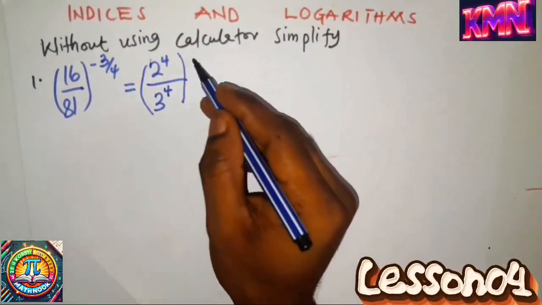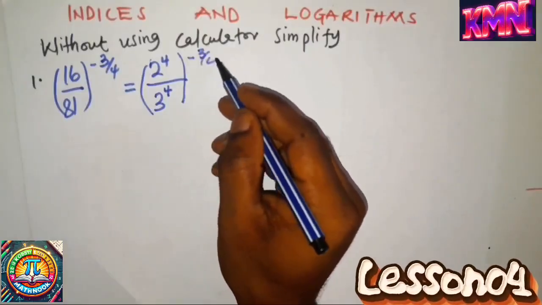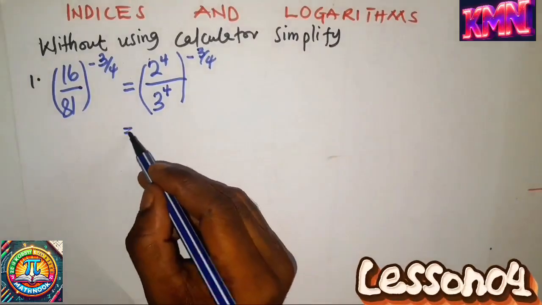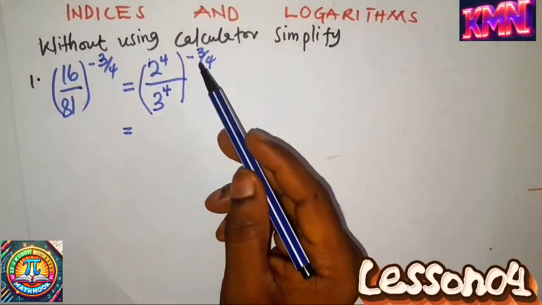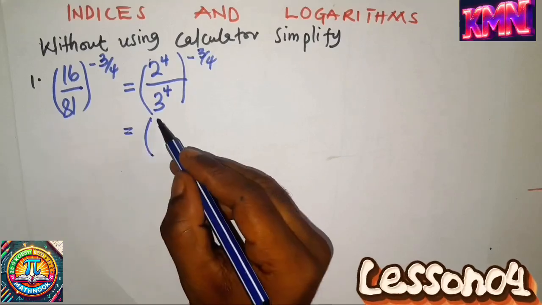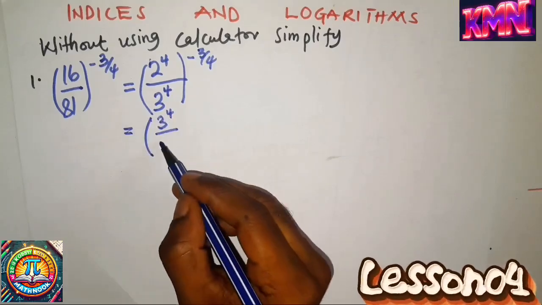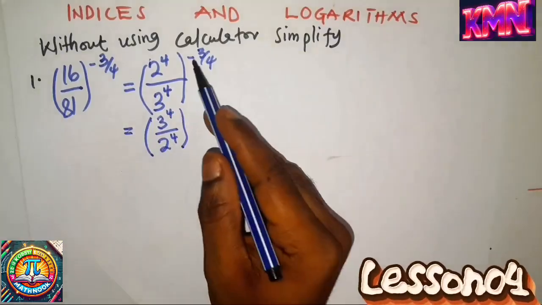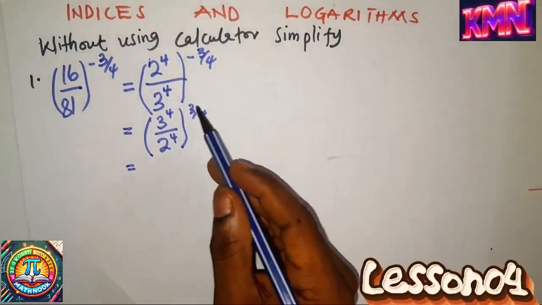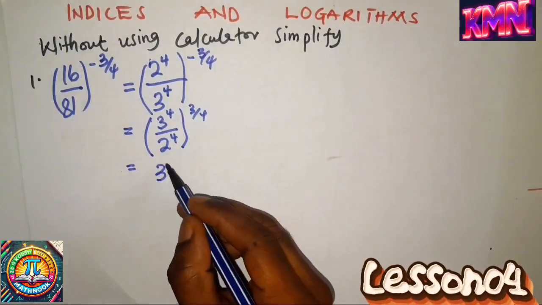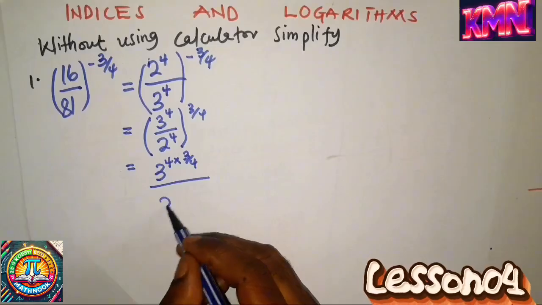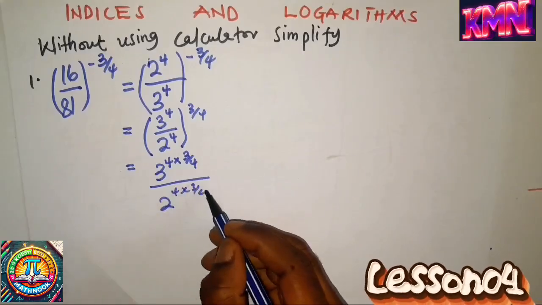And when we continue, we are going to multiply by the exponent, negative 3 on 4. And again, we learned that for us to get rid of a negative, let's reciprocate what we have here. So reciprocating that, we're going to get 3 exponent 4 on 2 exponent 4. Now this becomes positive 3 on 4. Then we learned also that you can apply the exponent on it, and that will give us 3 exponent 4 multiplying 3 out of 4 on 2 exponent 4 multiplying 3 out of 4.